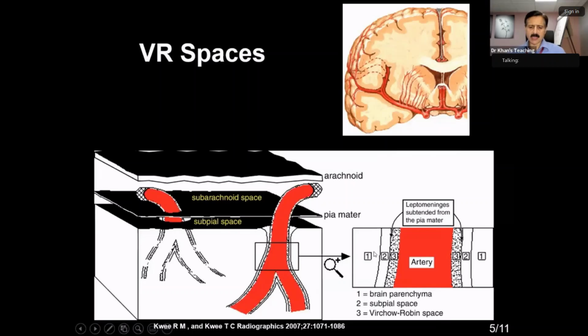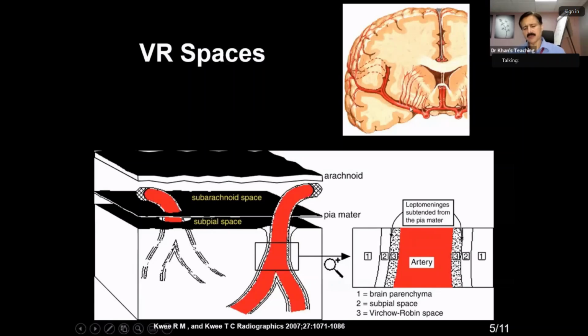Now, if you see the microscopic view here, this is the artery, and then this number 3 is what we call the Virchow-Robin space, perivascular space. Perivascular space is different. So this is the brain parenchyma. This is the subpial space. This is the perivascular space.